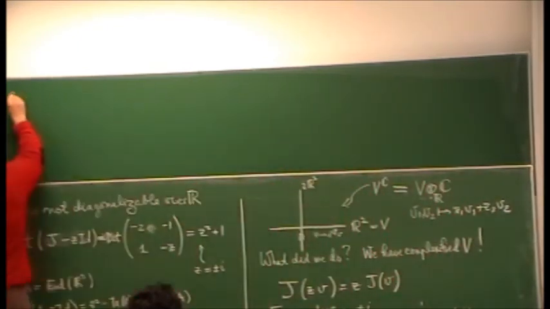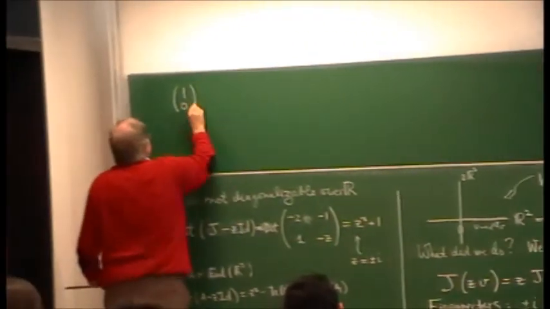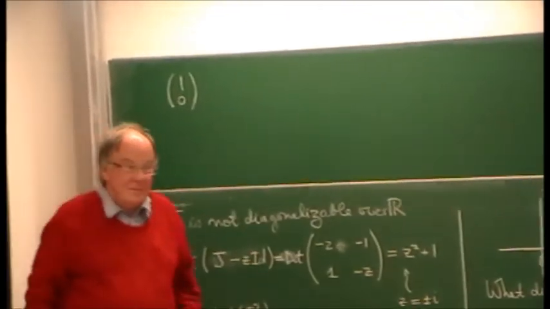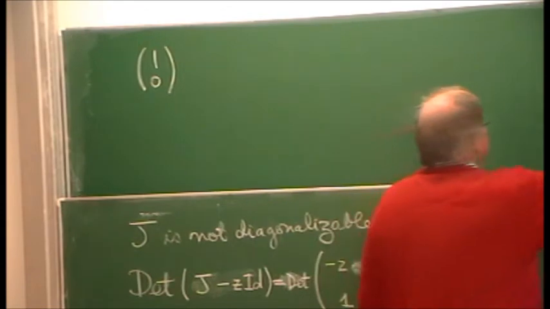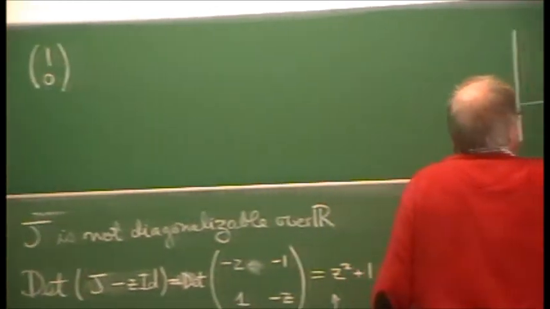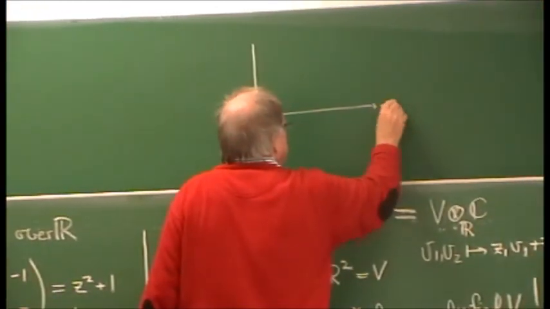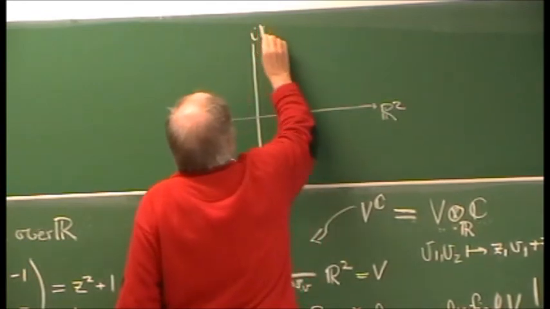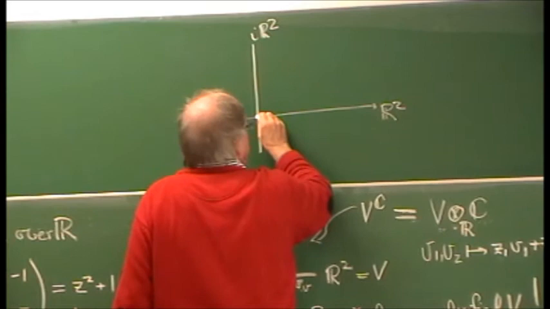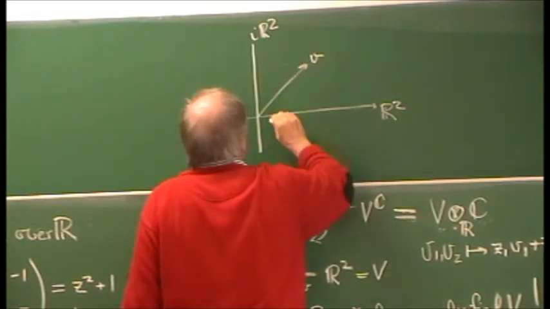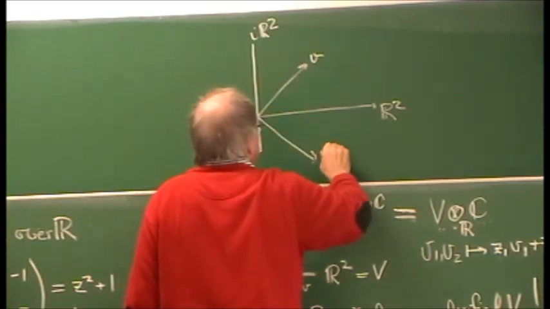Let's look at this vector. Okay, that's now a real vector. Let me draw my picture again. The complexification, here's R2. Here's i times R2. Here is v, and here is v bar.